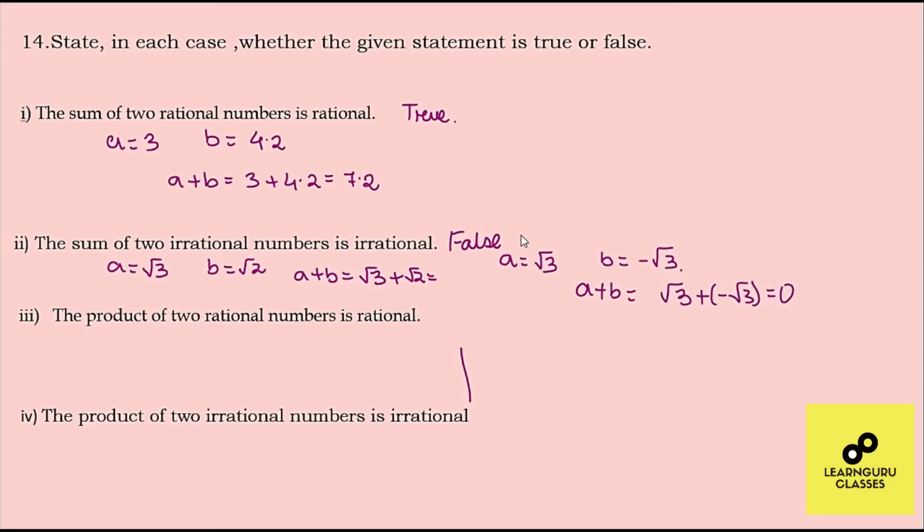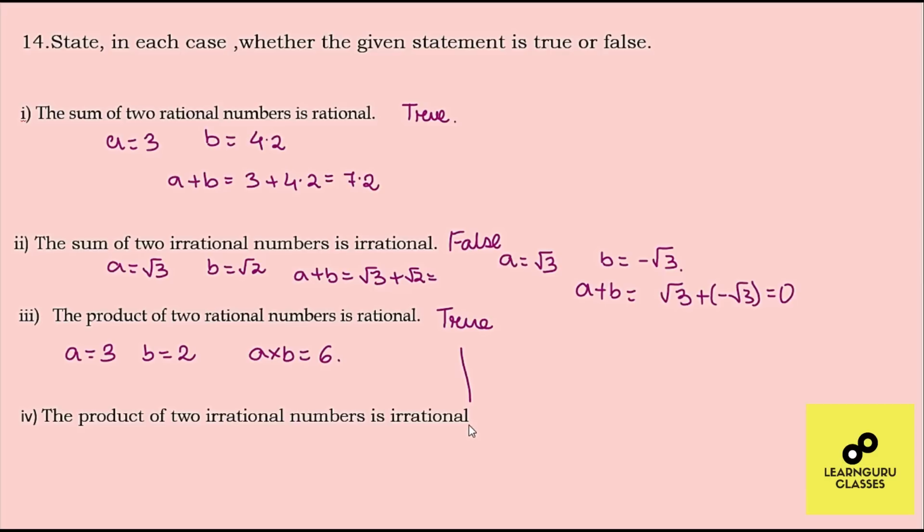So we will say that the sum of two irrational numbers is irrational is false. The product of two rational numbers is rational. Yes, of course, it will be rational because if I take a equal to 3, b equal to 2, and multiply a by b, it will give you 6. So 6 is a rational number. So that is true. The fourth is, the product of two irrational numbers is irrational.